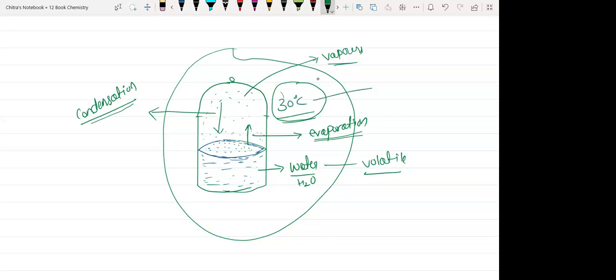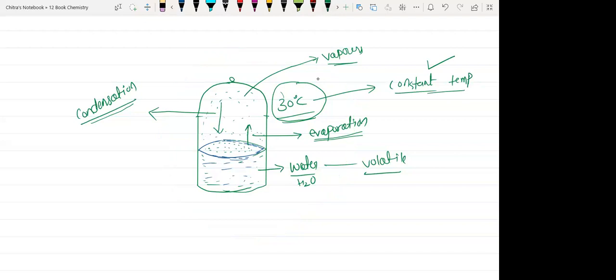So at a constant temperature, after some time, the rate of evaporation becomes equal to the rate of condensation.